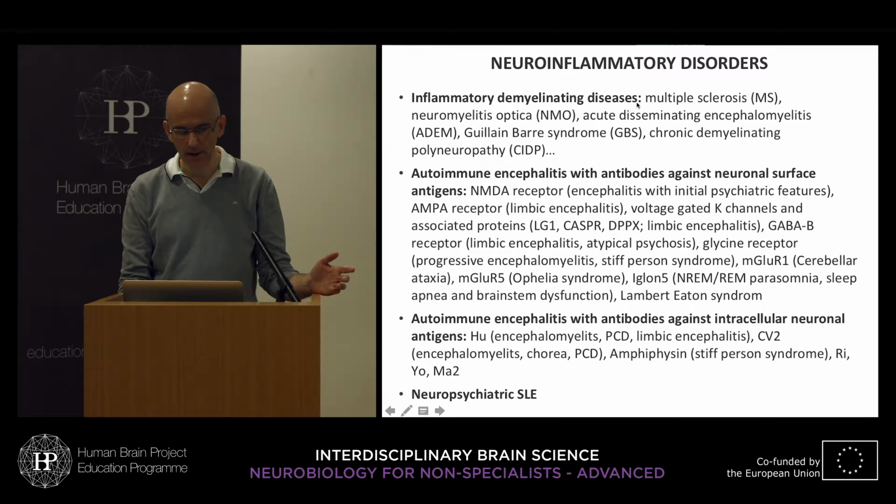Inflammatory demyelinating diseases: the most famous and frequent disease is multiple sclerosis, but there are also rare disorders like neuromyelitis optica or acute disseminated encephalomyelitis, and Guillain-Barré syndrome and chronic demyelinating polyneuropathy of the peripheral nervous system.